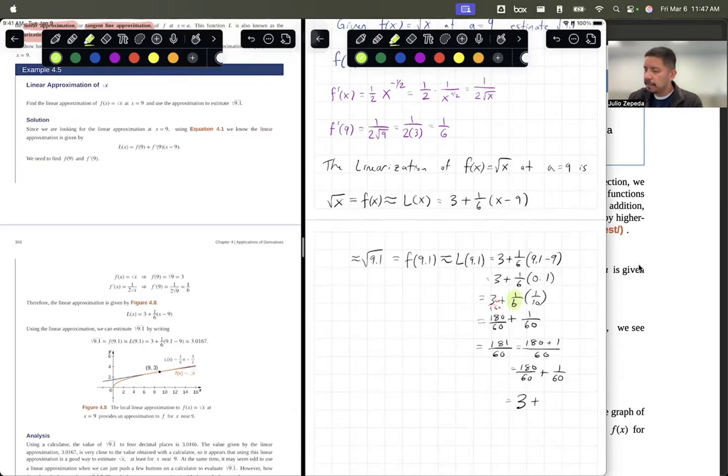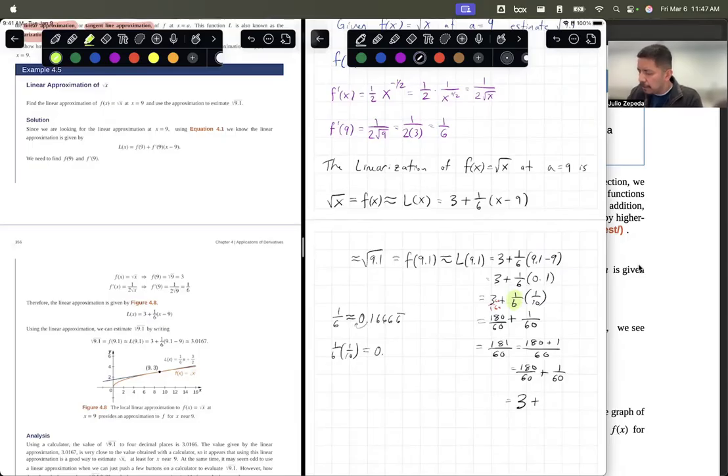1/6, you may know what that's equal to. 1/6 is approximately equal to 0.16666 repeating. Okay, so when we multiply by 1/10, we know the rule, 1/6 times 1/10. That just moves the decimal place over one place to the left.